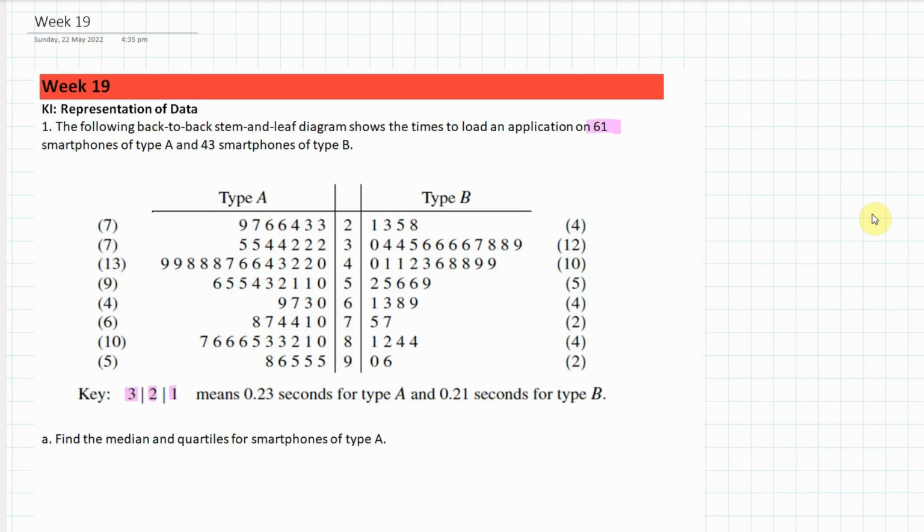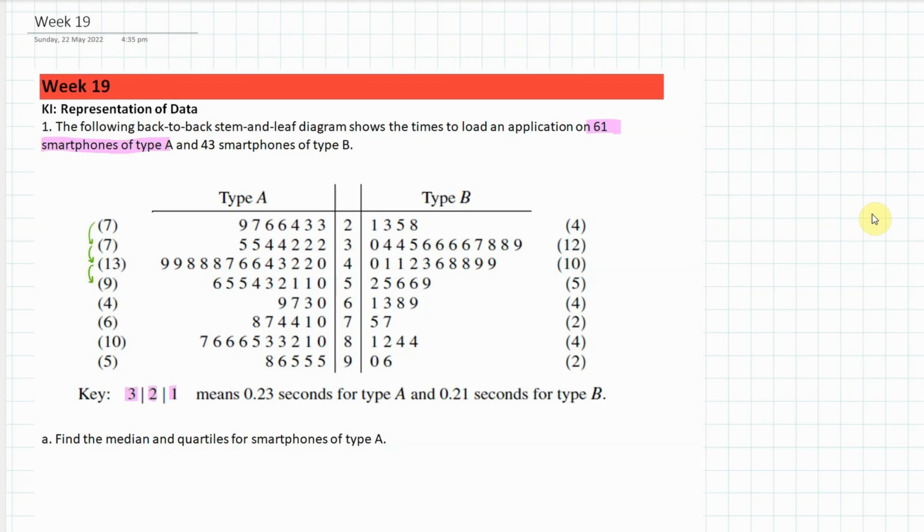61 of type A. So the middle value is going to be the 31st item of data, because if you go 61 divided by 2 you get 30.5, so you round up. So the 31st item of data. What we can do is just work our way down here. 7 plus 7 is 14, 27, and then that will be 36.